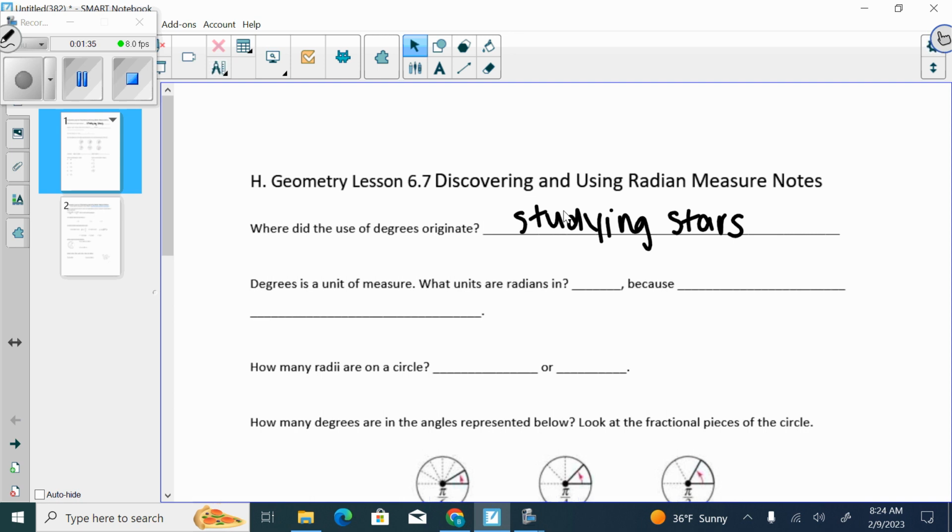Radians are not really any specific type of unit, and you're going to see why in a minute. It's because all of these units will end up eliminating when we set up our proportions.